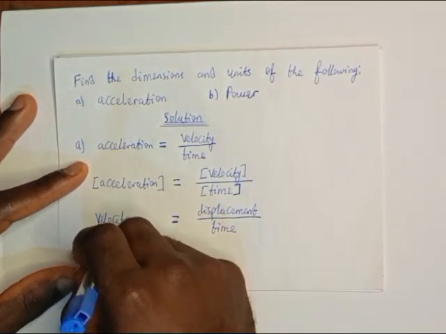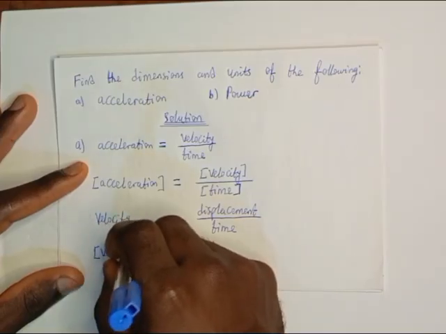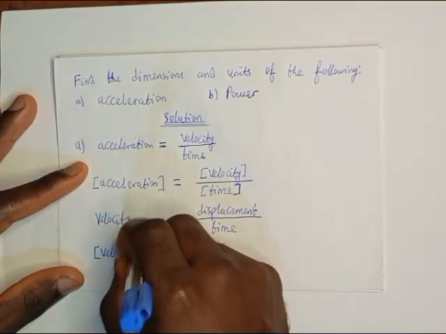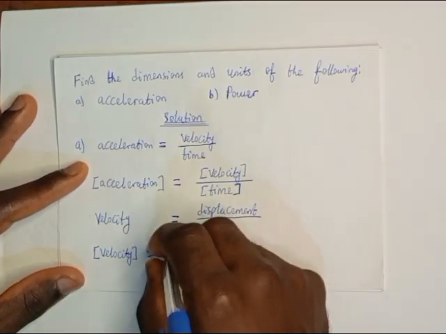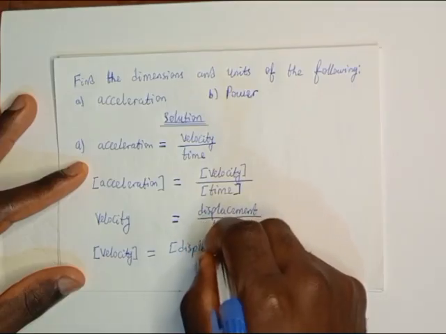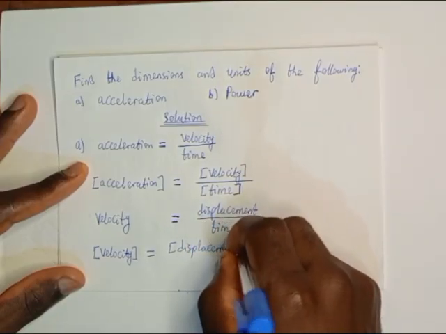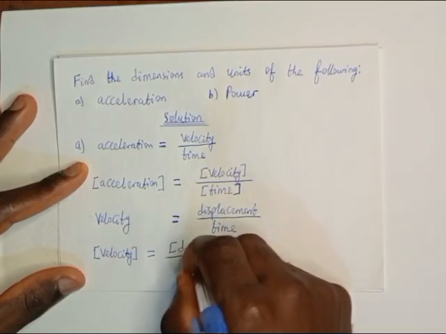It simply means the dimensions of velocity will be equal to the dimension of displacement all over the dimension of time.